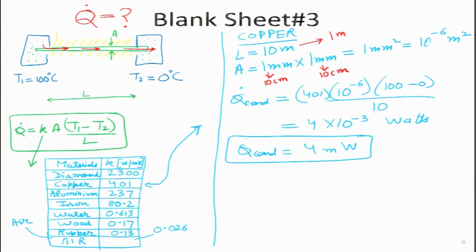So, what I am actually doing is I am allowing a larger passage for the heat transfer to take place. So, earlier that passage was very small, it was 1 millimeter by 1 millimeter. So, it was a very thin beam. Now, I have increased it, I have made it almost 10 centimeter on the height and 10 centimeter on the width. The other thing I have done is that length earlier, which was 10 meters, I have reduced it 10 times and made it 1 meter.